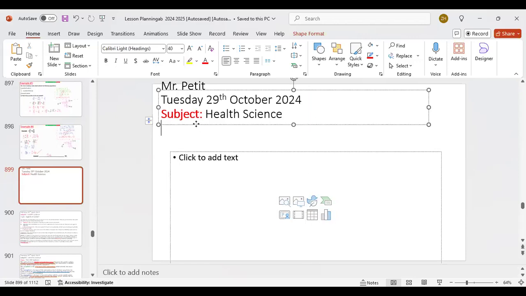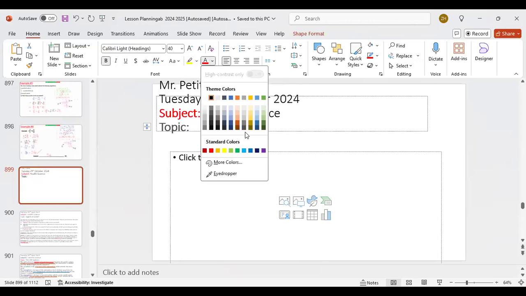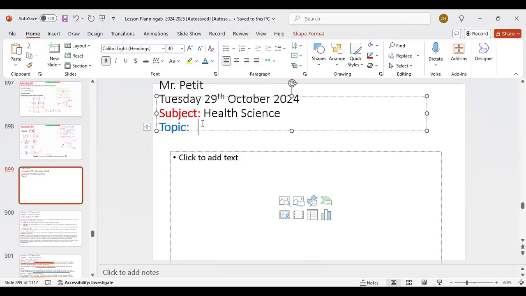Okay, and go ahead, Miss Morris. Mechanical digestion occurs when the food is made physically smaller by the crushing and grinding of the teeth and muscle. Okay.